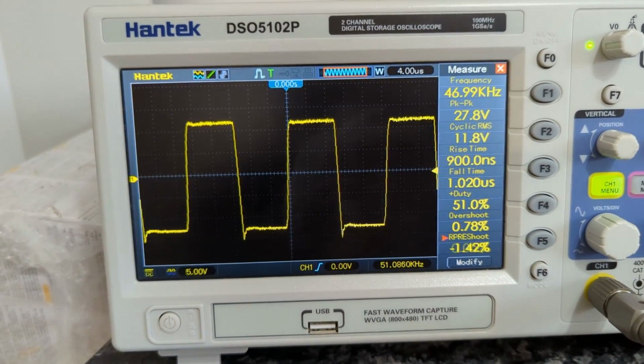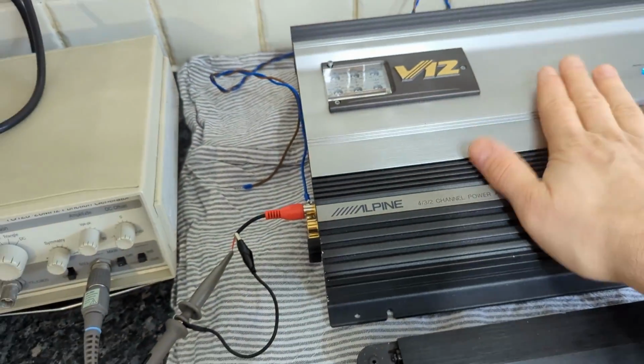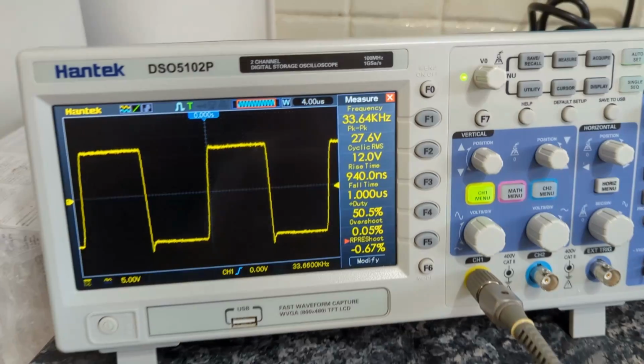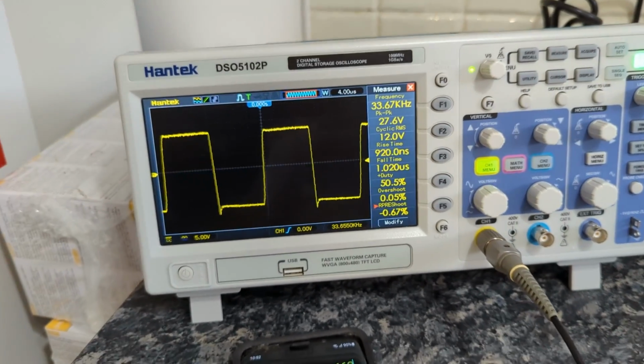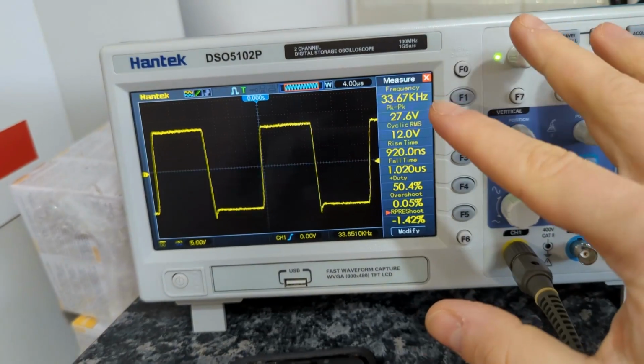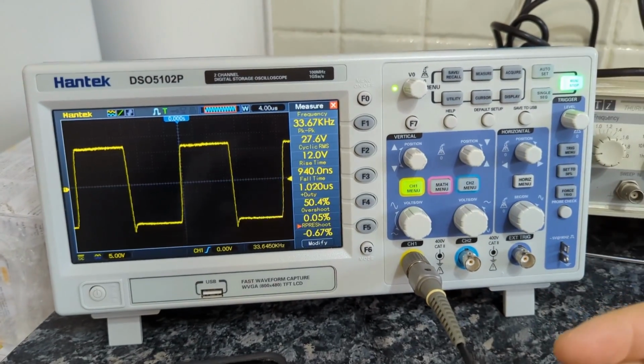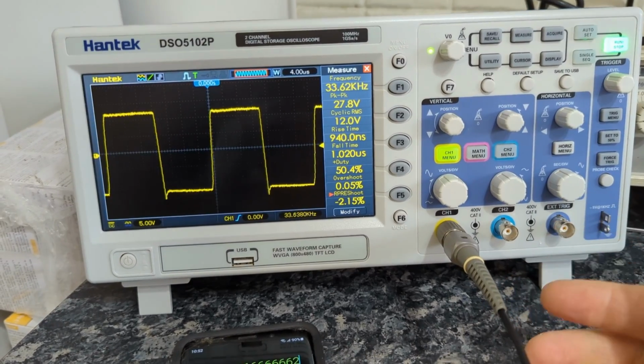This amp was tested by the Russian guy. Again, this is the F409. He had exactly the same results as I did. And for me, what's interesting to see is whether this will correlate with what we can hear and with the distortion that we're measuring with the audio interface.